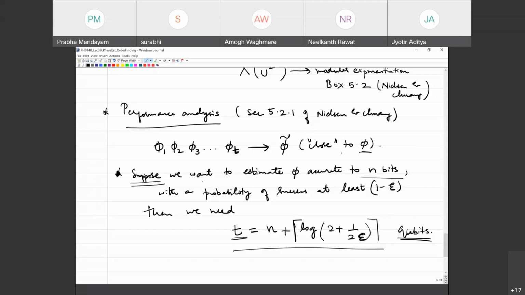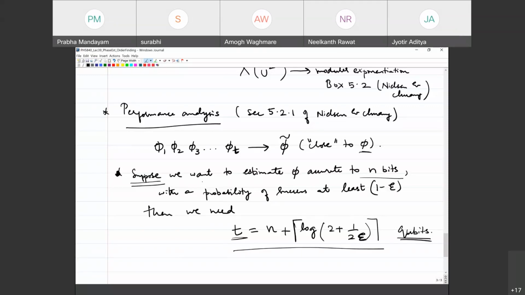And this epsilon basically captures what is that region within which you're estimating phi. So you can think of it as an error if you wish, right? You can think of this as some kind of distance estimate or an error, right? Means even like there is some error because we are kind of truncating it to n bits, and there is an extra error epsilon which is because of other things, is that what it is?